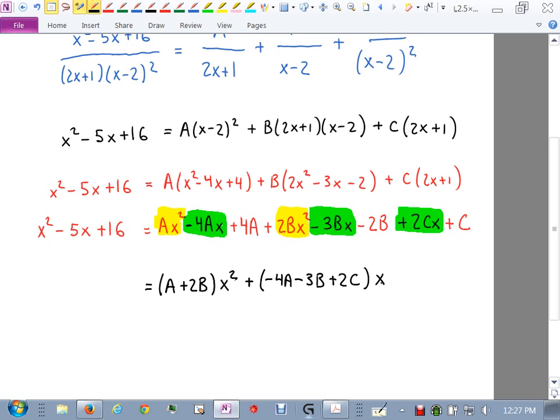Do you have any questions on what I did? And then the only thing left are all the things with a's, b's, and c's, but no x's. So I can just put those all in their own set of parentheses: 4a minus 2b plus c. That has to match the left side.